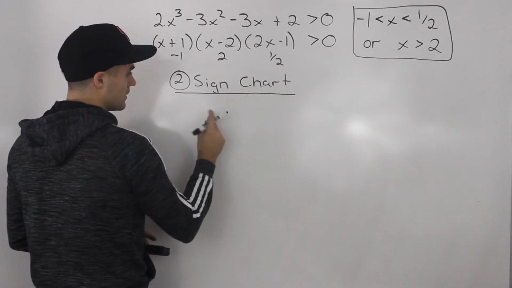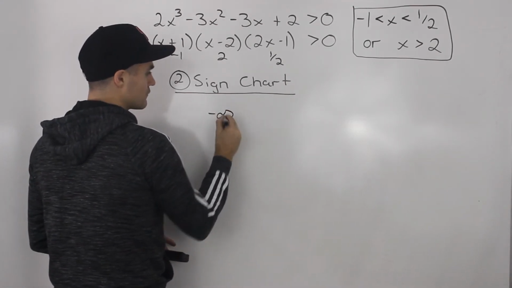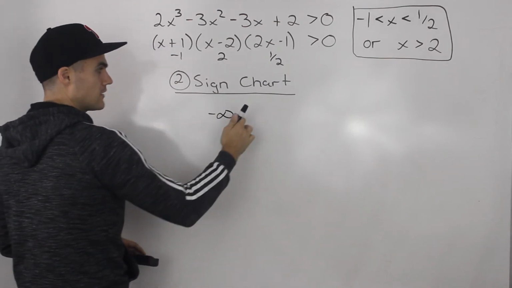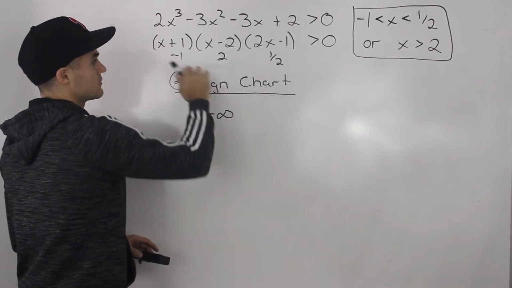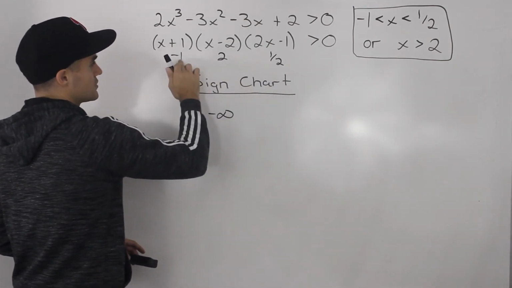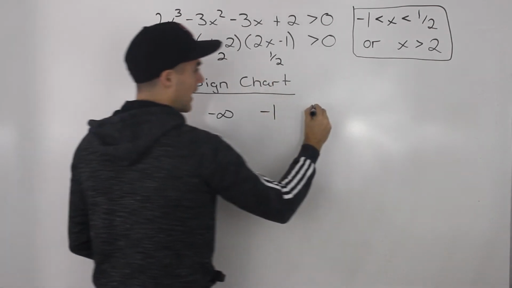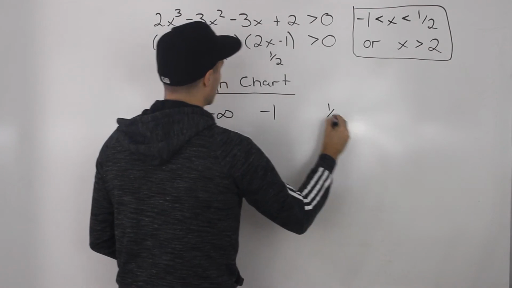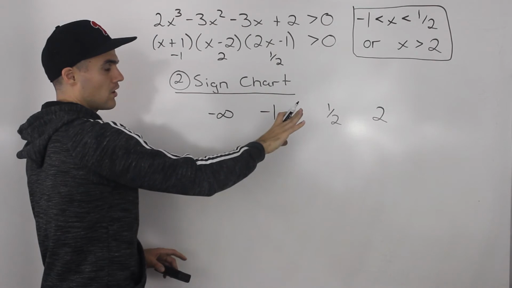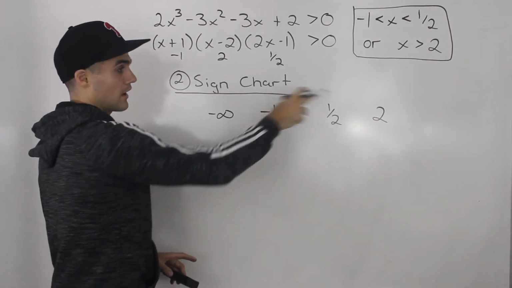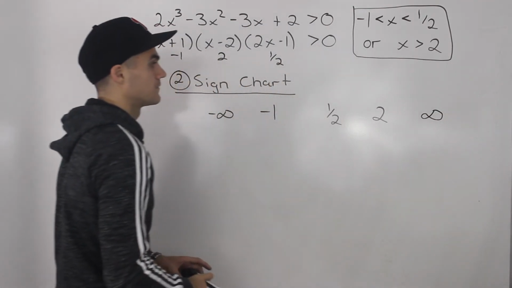So what you do is on the furthest left side, you start out by writing negative infinity, and then you write out all of the x-intercepts in order from lowest to highest. So notice these are sort of scattered. So the lowest one is -1, then comes 1/2, then comes 2, and then after you've written out all of your x-intercepts in order, at the end, on the right side, you put positive infinity.